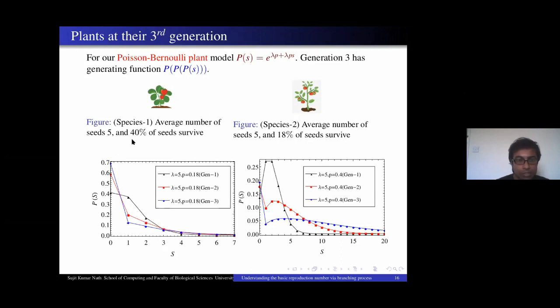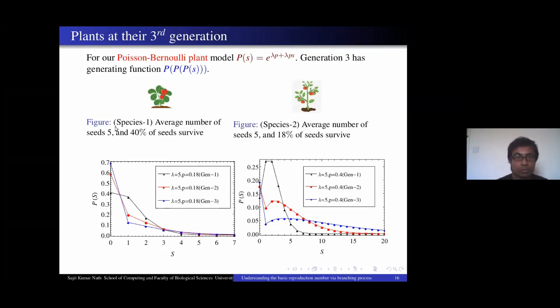Now if I plot for these two species, suppose for the first species the average number of seeds produced is 5 and 40% of them survive, and for the second one the average is again 5 but 18% of them survive. Sorry, I swapped these two.